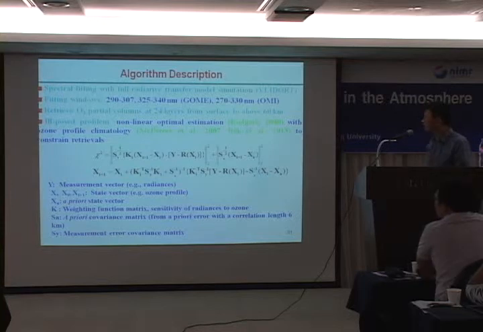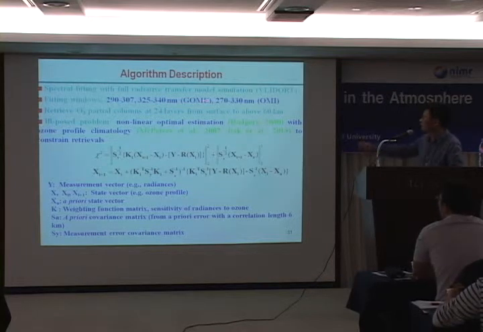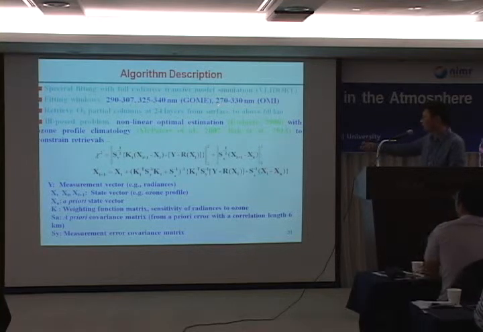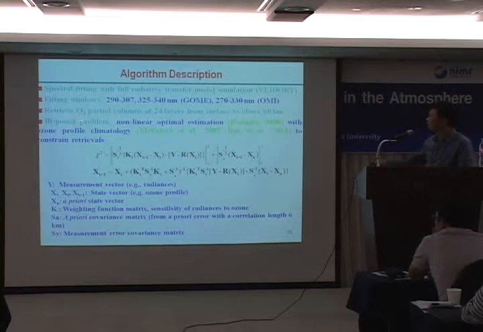Let me talk about the retrieval algorithm. It's a combination of spectral fitting, which Katie had talked about, with the radiative transfer model, then using the optimal estimation inversion technique. The fitting window is different for GOME, OMI, and also GOME-2, because of some calibration problems in the data. Right now we retrieve the ozone profile at 24 layers, but this is very easy to adjust.